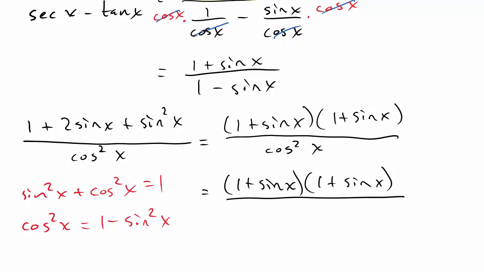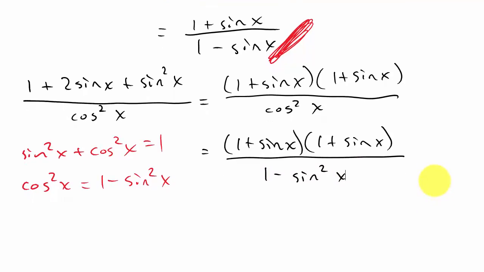Remember, this is what we're trying to get right here. So that's 1 minus sine squared x. Well, this right here will factor, won't it? Remember, a squared minus b squared is a plus b times a minus b, the difference of two squares.